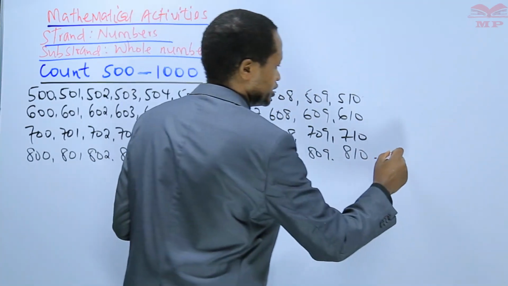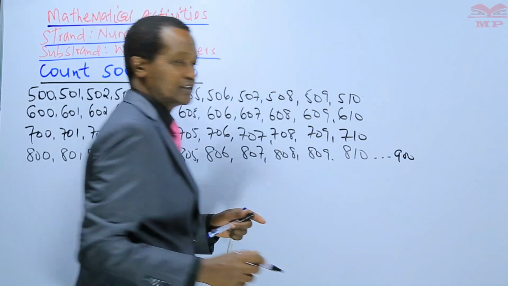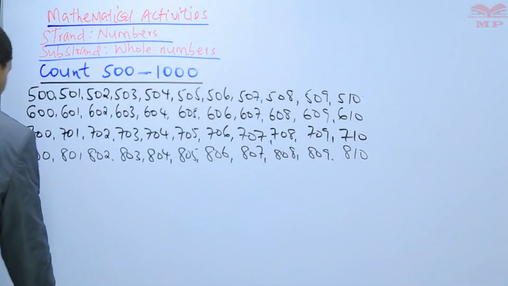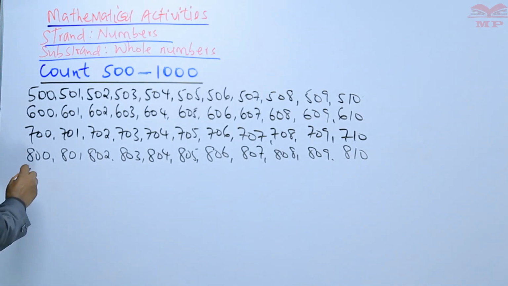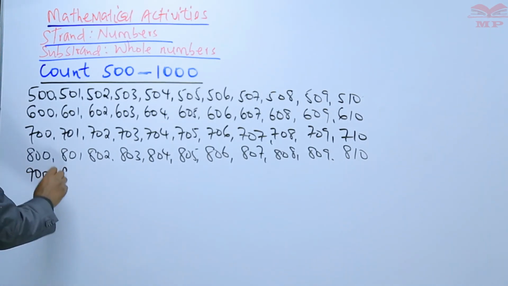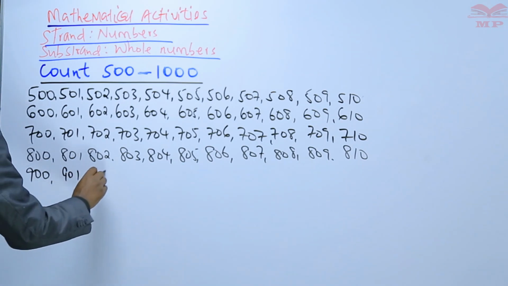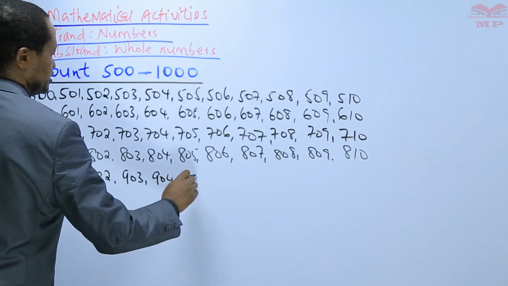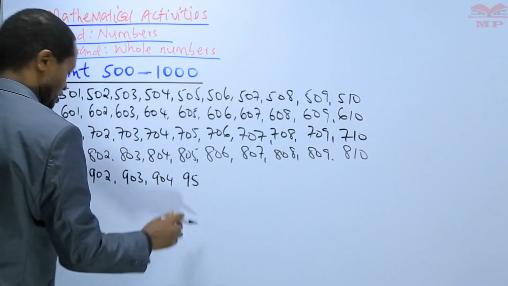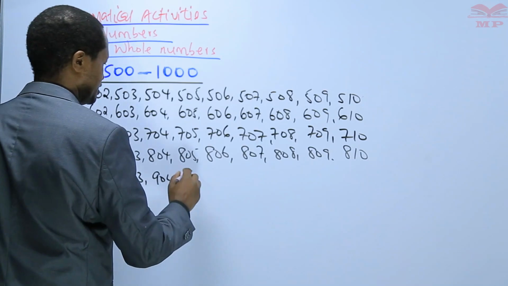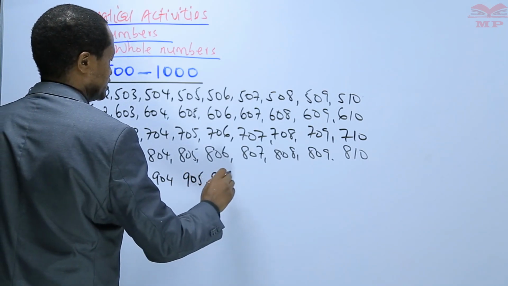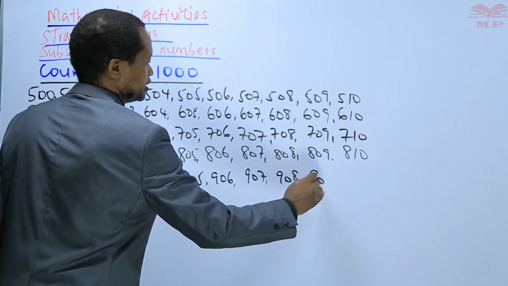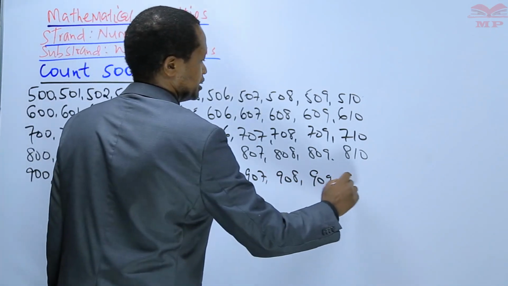I can go on up to say 900, learners. Then I come and continue 900, 901, 902, 903, 904, 905, 906, 907, 908, 909, 910.